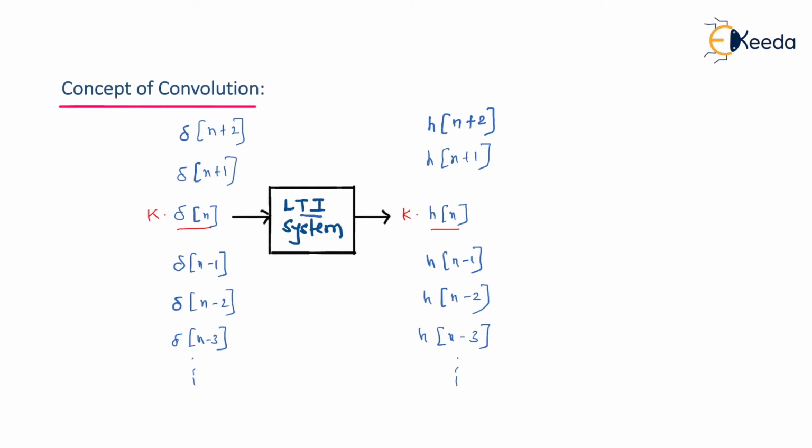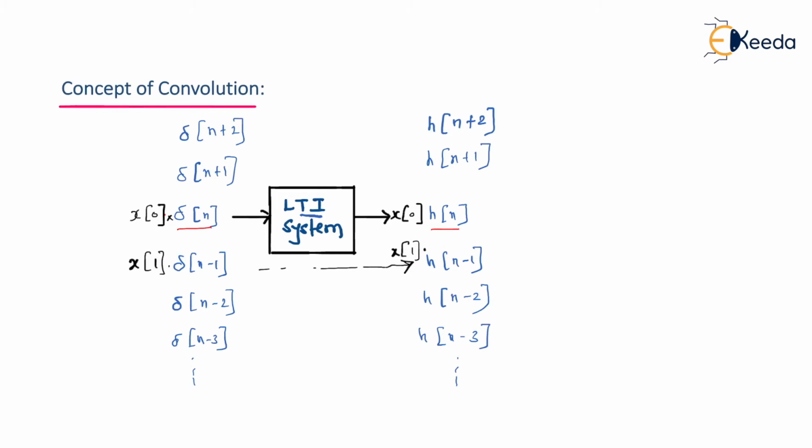So for simplicity, I'll replace this k with some other constant. I'll give x of 0 here. So if I multiply del of n with x of 0, then the output also gets multiplied by the same, that is x of 0. Similarly, for del of n minus 1, when I'm getting h of n minus 1, then for x of 1 times del of n minus 1, I'll be getting x of 1 times h of n minus 1.